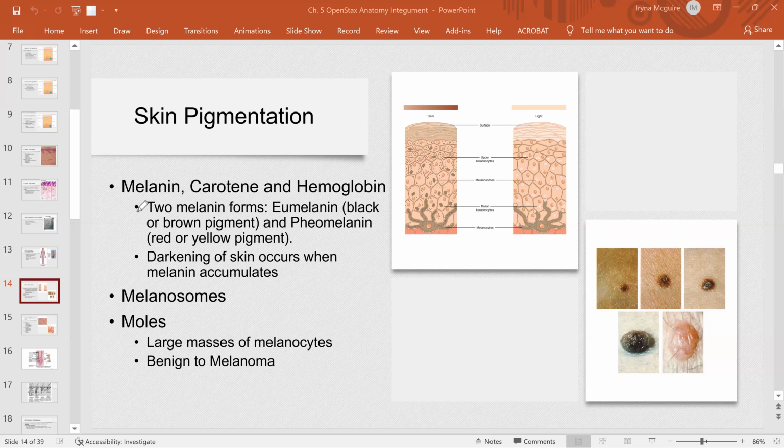Now, there are two types of melanin. Eumelanin is black or brown pigment, and pheomelanin is red or yellow pigment.